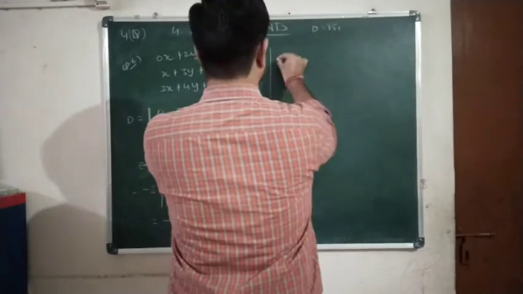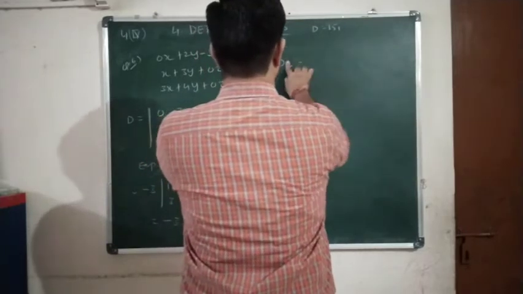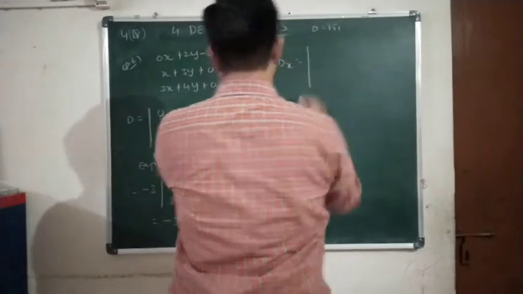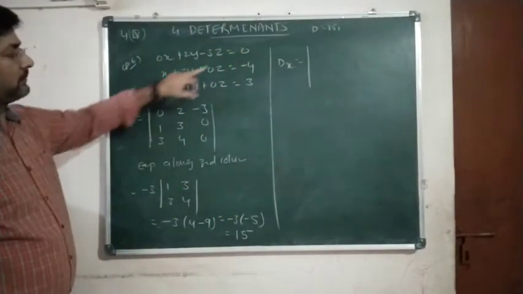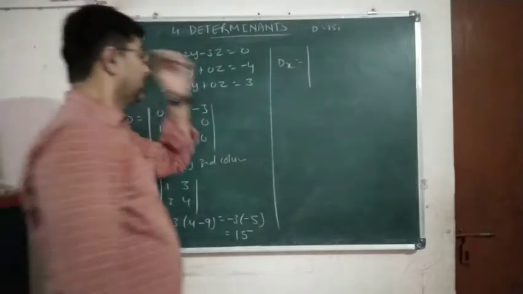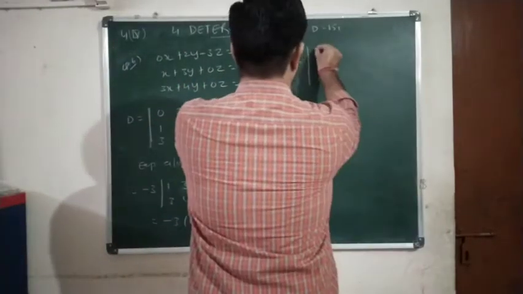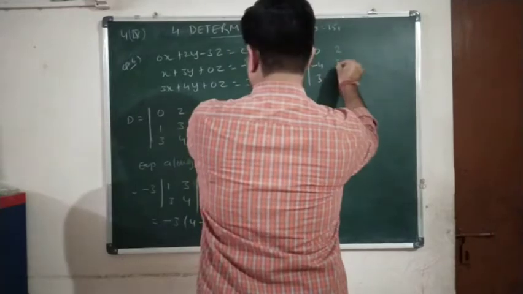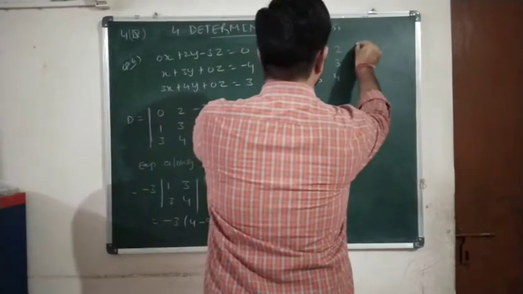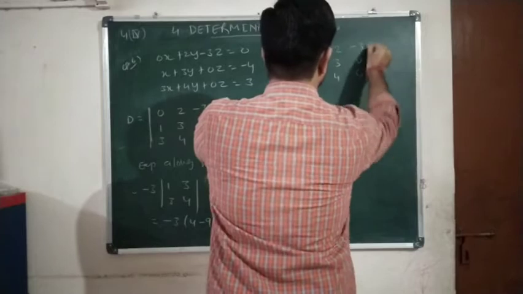Now let us calculate dx. In finding dx, the first column will be replaced by the constants, so the first column will be 0, minus 4, 3. The second and third columns will be as they are.